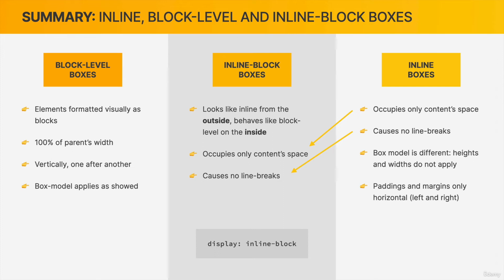However, as I said, it behaves like a block level box on the inside. And so what that means is that the box model applies just as it does for block level boxes. So we can still set heights and widths, and we can still use margins and paddings just like on block level boxes or on block level elements. These are kind of the same, so I keep using them interchangeably.